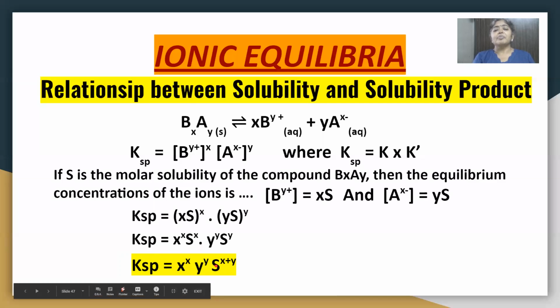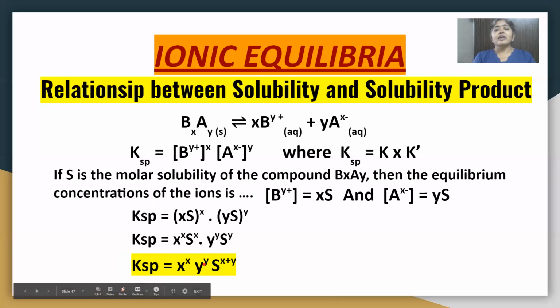So this expression is the relation between solubility product and the solubility. Here S represents the solubility and Ksp denotes the solubility product of the salt solution that you've taken. So what is the relation between solubility and solubility product? Ksp is equal to x^x into y^y into S^(x+y), where S is the solubility.